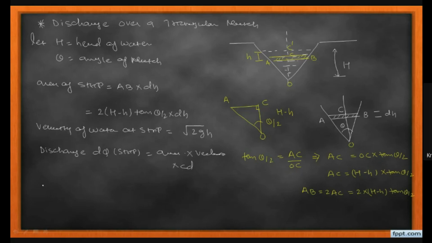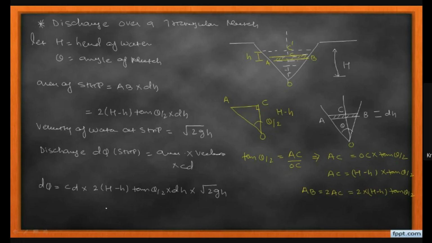So we get the equation dQ equals Cd into the area, 2 into capital H minus small h into tan theta by 2 into dh, into under root of 2gh.